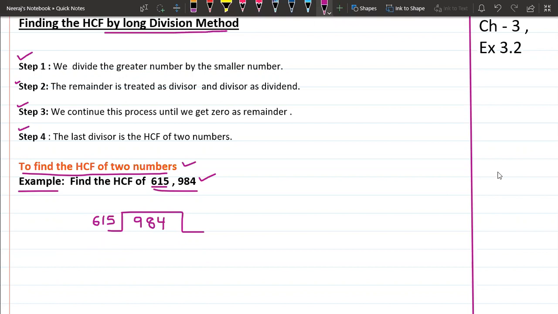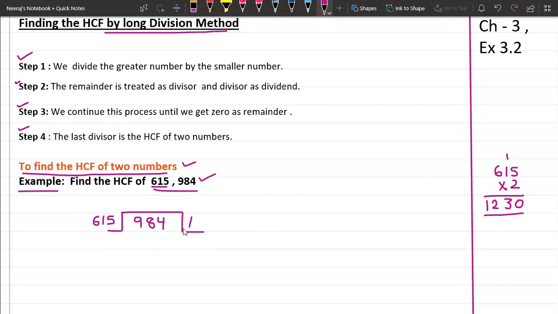If I multiply 615 by 2 in the rough, 2 fives are 10, 2 ones are 2 plus 1 is 3, and 2 sixes are 12. So it is coming 1230, and it is bigger than 984, so it cannot be divided by 2, so we will divide it by 1.